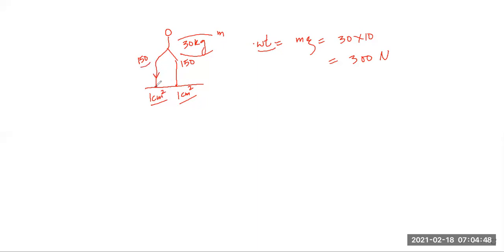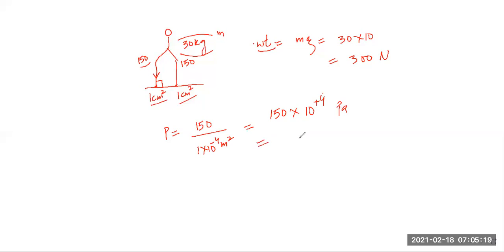So what is the pressure on the surface? Now the pressure on the surface would be thrust by area. So obviously this is 90 degrees, so we can take this entire force. So it is 150 Newton divided by an area of 1 centimeter square, which is equal to 1 into 10 raised to power minus 4 meter square. Am I right? So this is equal to 150 into 10 raised to power 4 Pascal.